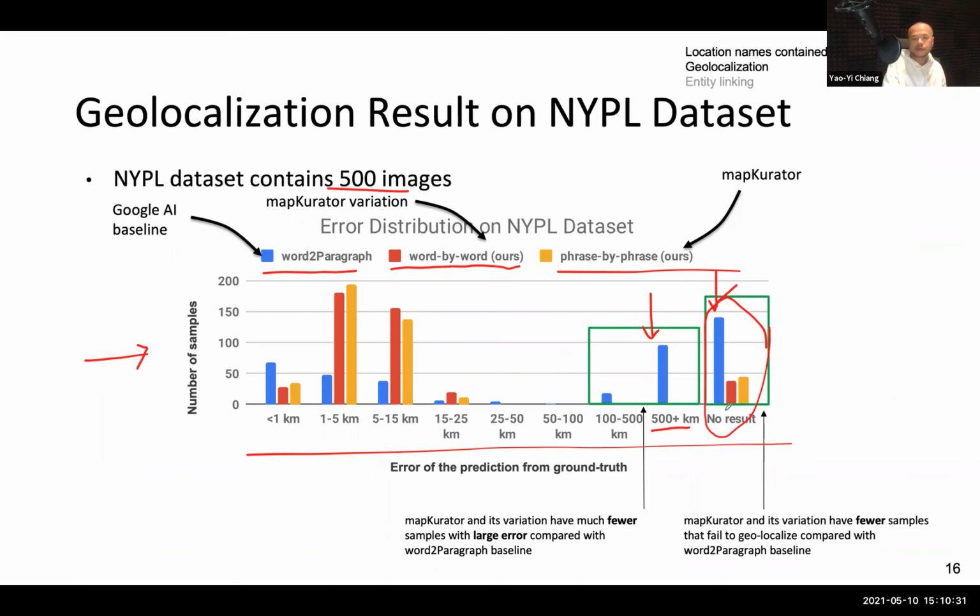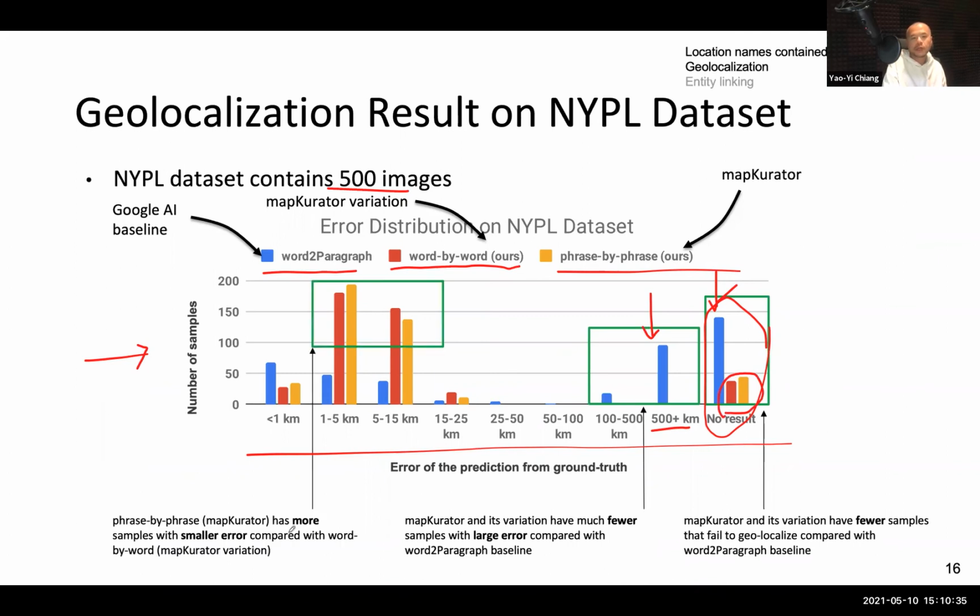Map Curator and its variation have fewer maps without result, and also smaller errors compared to Google AI. You can see pretty long bars. These are the number of maps, right? So here about 200 maps are within 1 to 5 kilometers between the predicted location and the ground truth location.